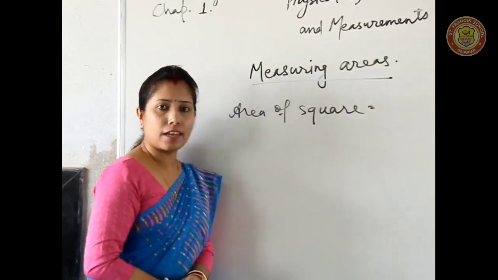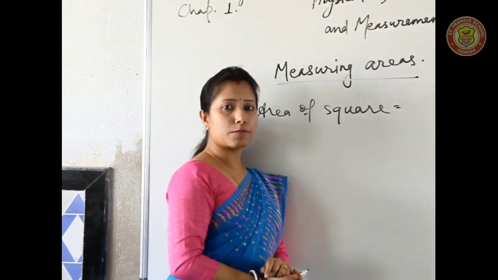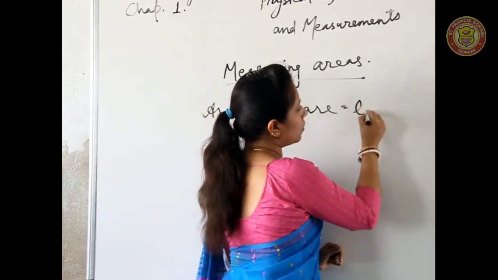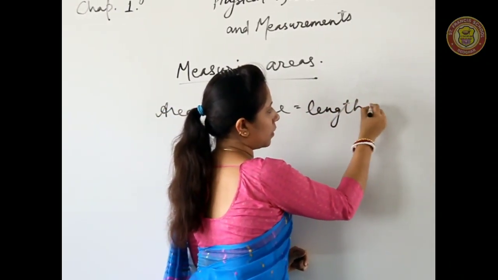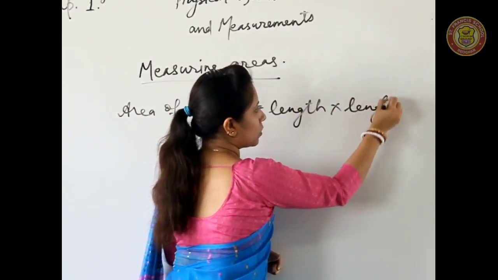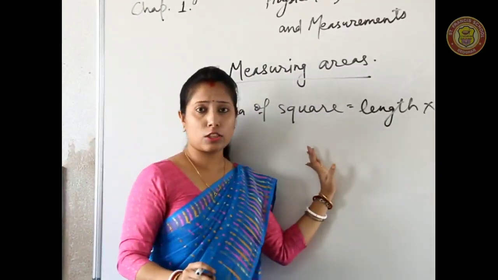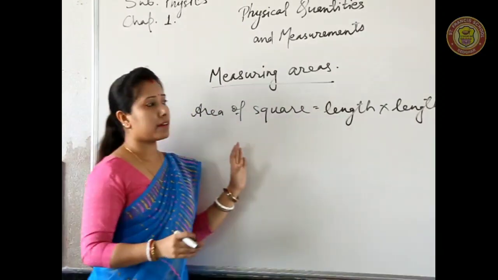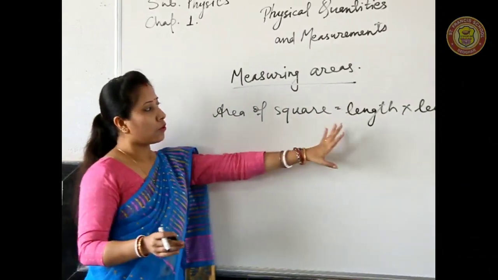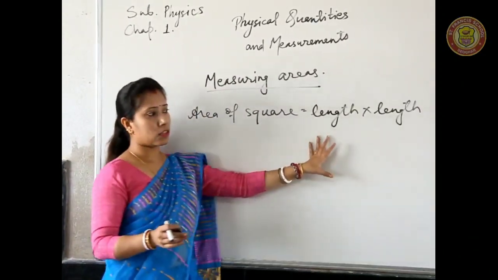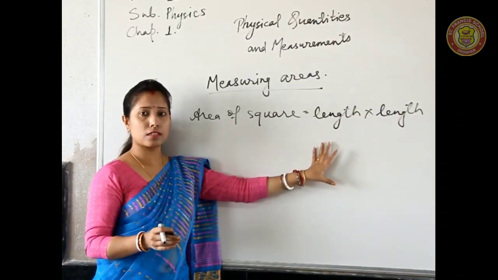So how do you find the area of square? Area of square equals length into length. Here, length into length means since the length of all the sides of a square are the same, we multiply the length of any two sides of the square.